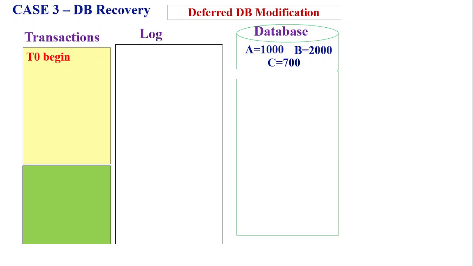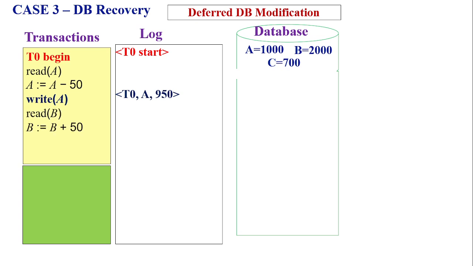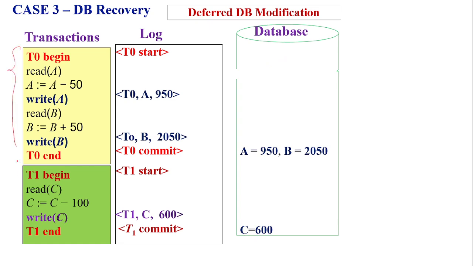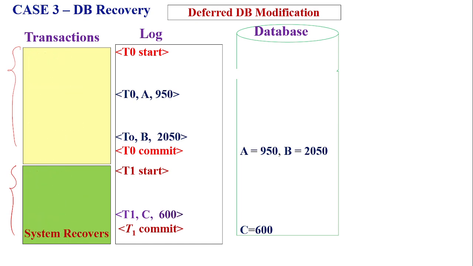Okay, let us take one more scenario where system failure occurs at the end of the successful execution of both the T0 as well as T1 transactions. Here assume that after the successful execution of T0 as well as T1, at this point in time, if system failure occurs, when the system resumes from the failure, it looks into the log and sees both transactions are committed.